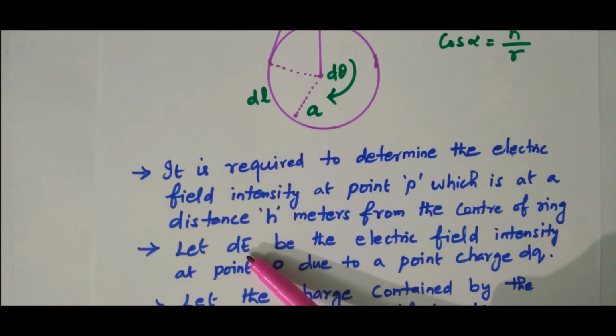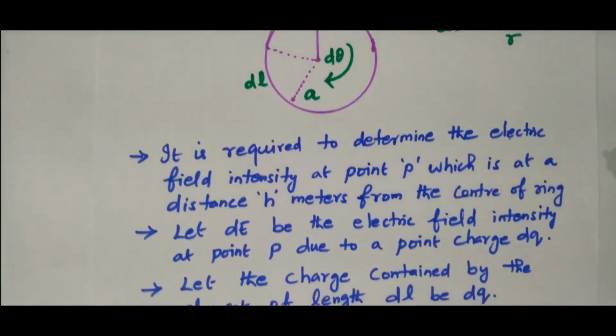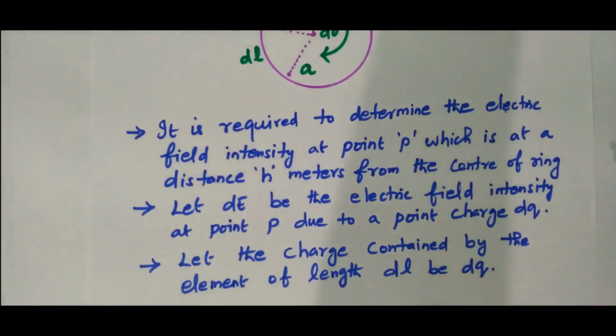So dE is nothing but the electric field intensity due to the point charge dq. Now we'll consider the small length dl. At the small length dl, the charge will be dq.